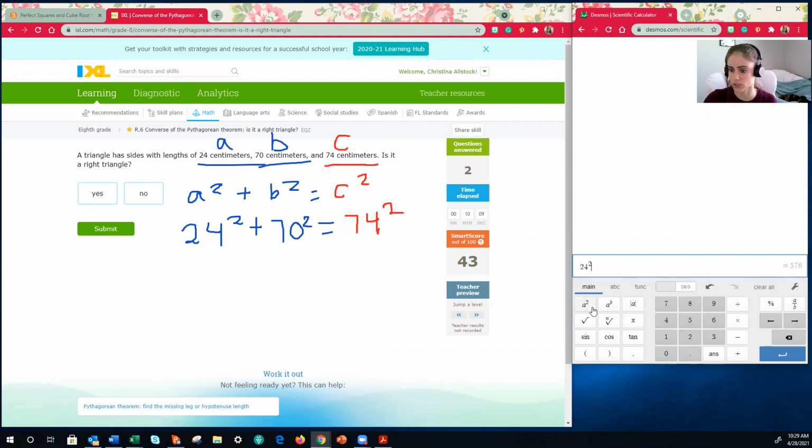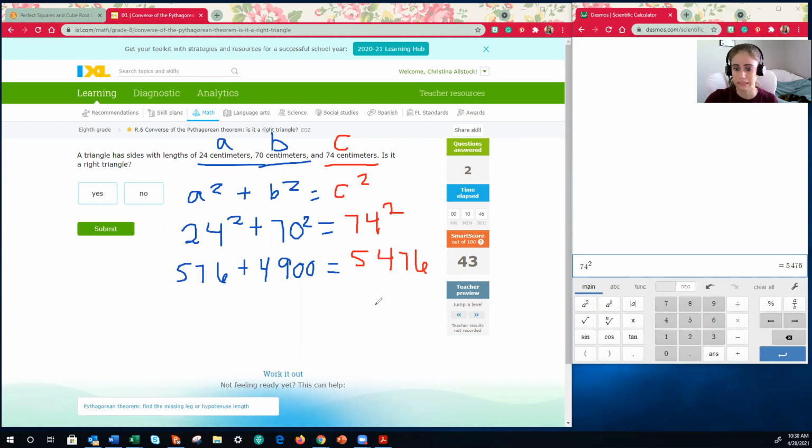So 24 squared is 576. And then 70 squared is 4,900, and then 74 squared is 5,476.